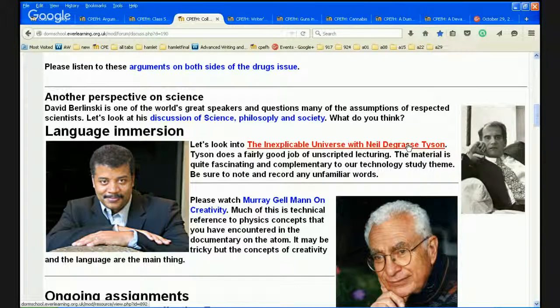What does Murray Gell-Mann on creativity have to say about that? He's fascinating. Somebody tell Martin what that interview was all about. This was a celebration of creativity, and a number of top scientists and people from other fields as well were invited to speak. What did he talk about?